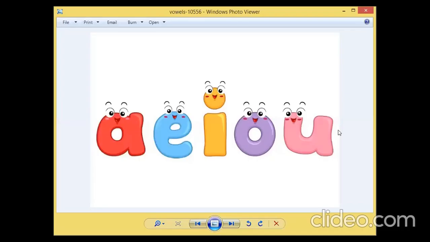Now, how many vowels did we say we have in English, as Adam and Awab answered? We have 5 vowel letters in English, and they are A, E, I, O, and U. So any other letter is called a consonant, right?